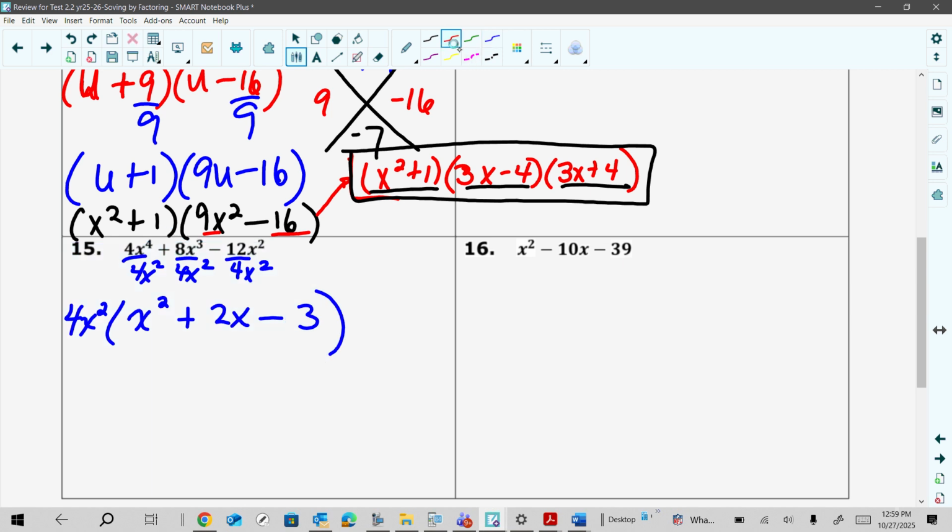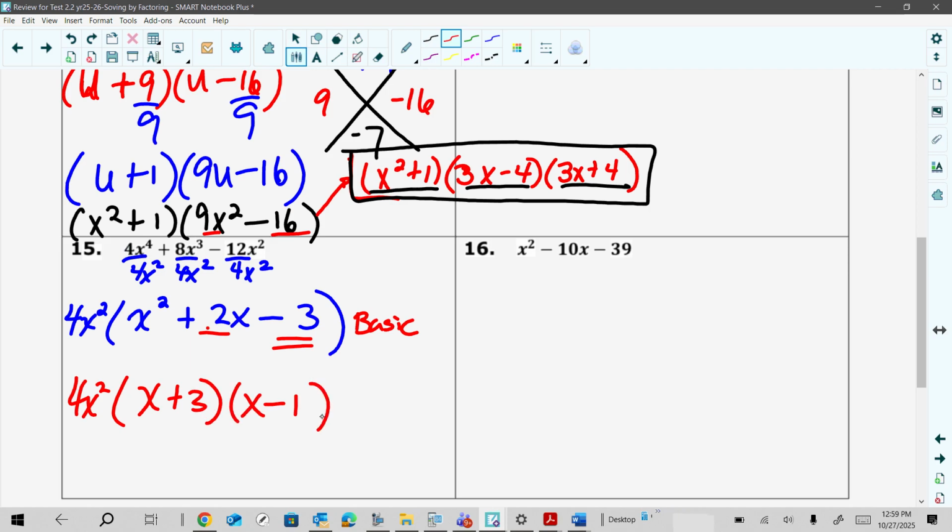And this is a basic trinomial. So I really just need to find my factors of negative 3 with the sum of 2. I keep the GCF 4x squared, so this is going to be x plus 3 and x minus 1.